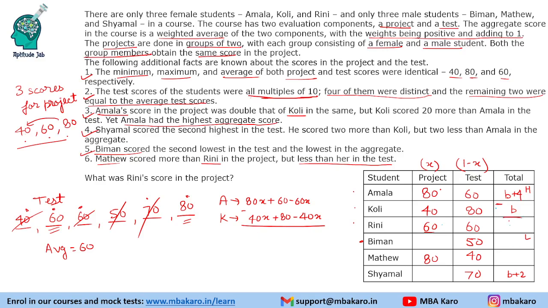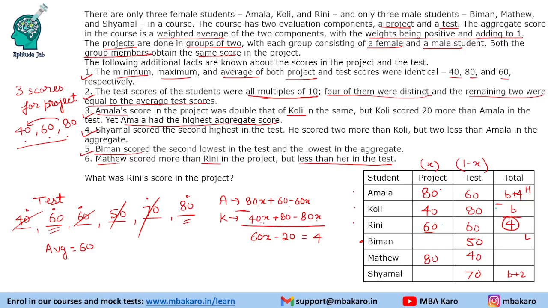When we subtract, we will get 60x and this is minus 20. On subtracting Amala's score minus Kohli's score, we will get this as 4.